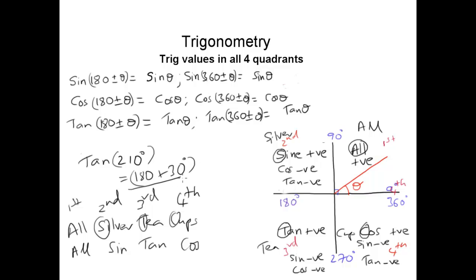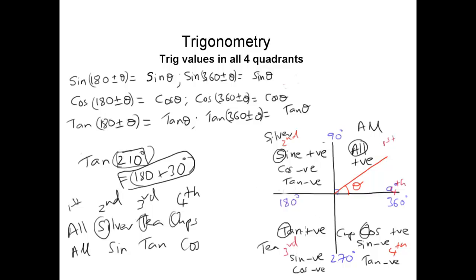How much is tan 180 plus 30? This formula says that tan 180 plus or minus 30, or let's take plus because 210 is more than 180. So 180 plus theta is tan theta, right? Means tan 30, right? But then 210 is in which quadrant?